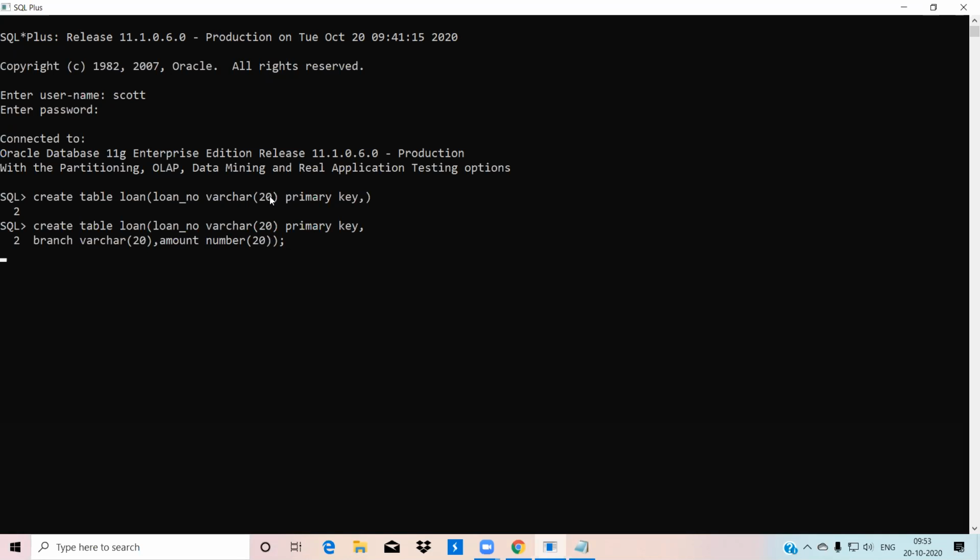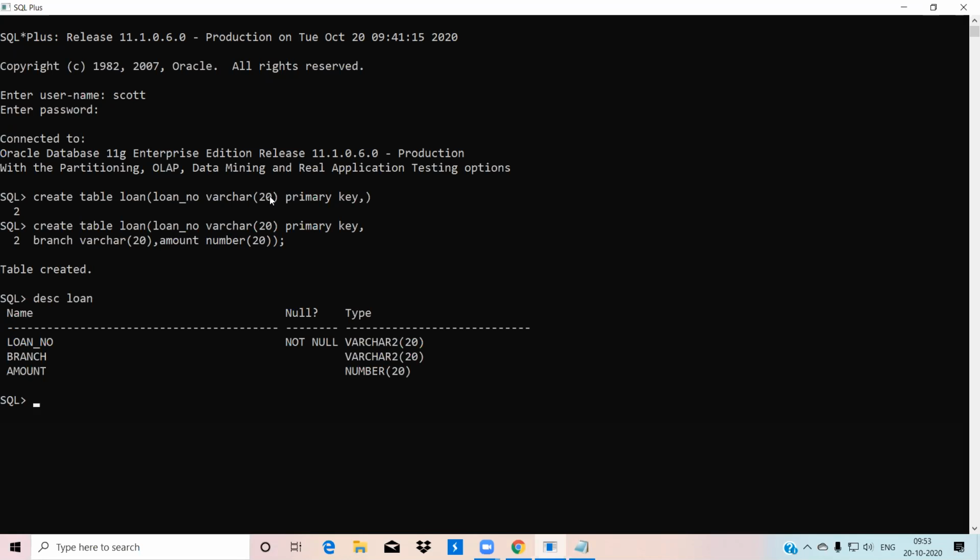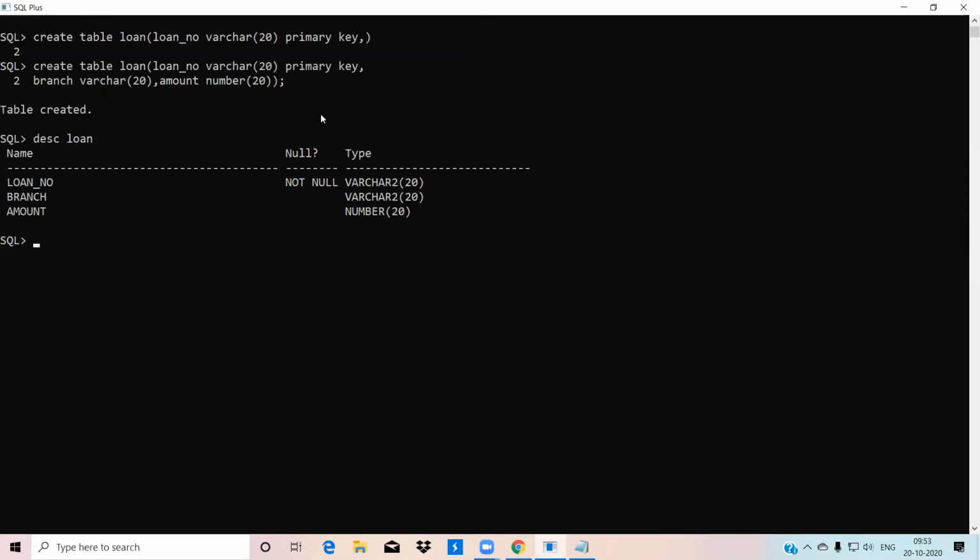Okay, so this is my table which I have created. So check out, this is my table which I have created.